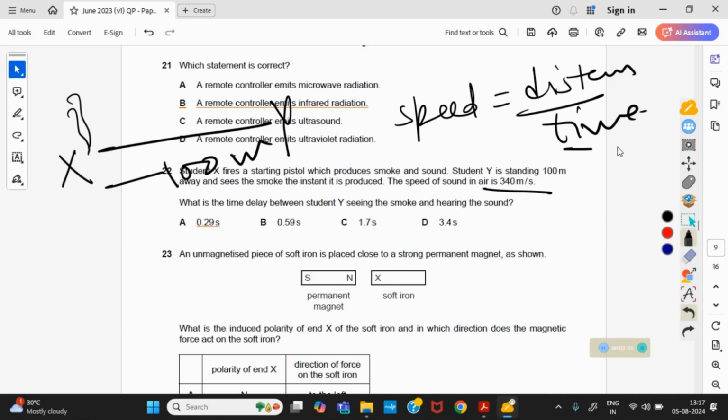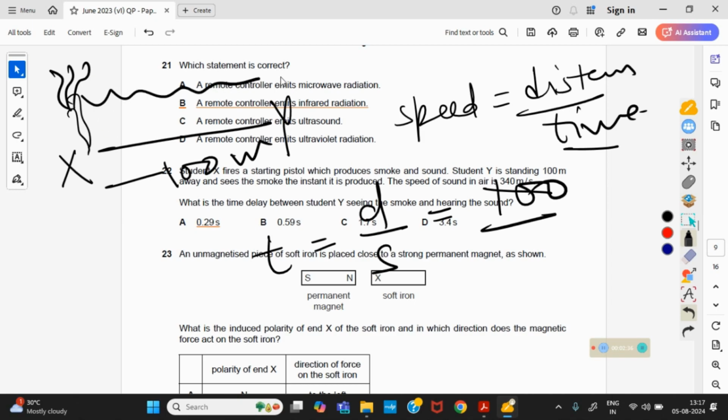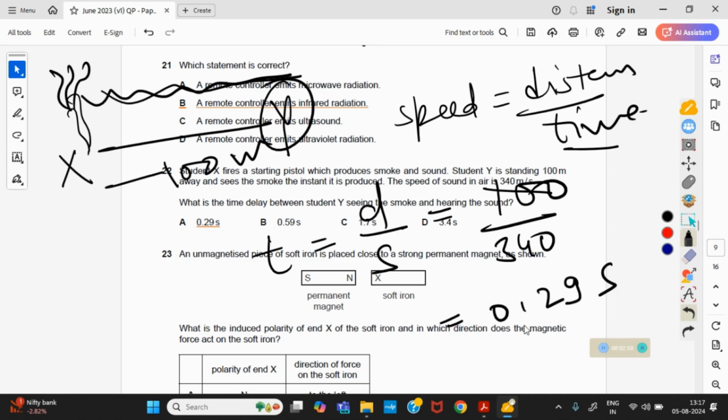So the time T is equal to distance divided by speed. Distance is 100 meters. It means the sound which was produced here covers 100 meter distance to reach Y, and the speed with which the sound travels toward Y is 340 meter per second. Now this is equal to 0.29 second. So option A is right.